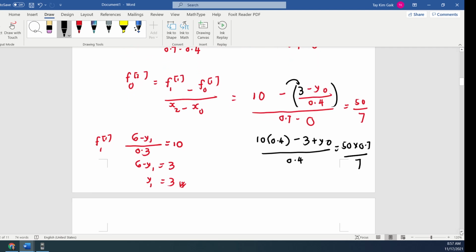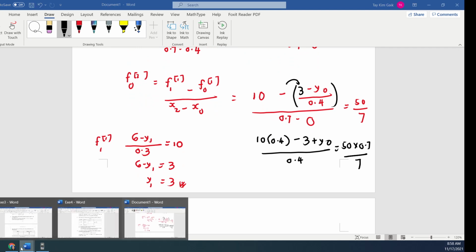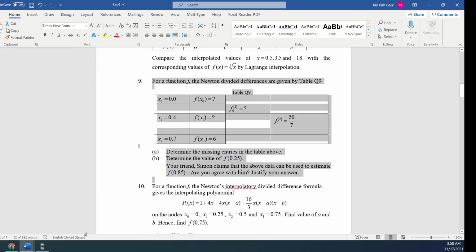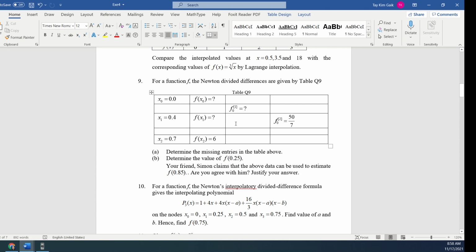Doctor, how do we know f11 is equal to 10? Just now you said it, because I copied the question missing. Yeah, the original question in the book has that value.